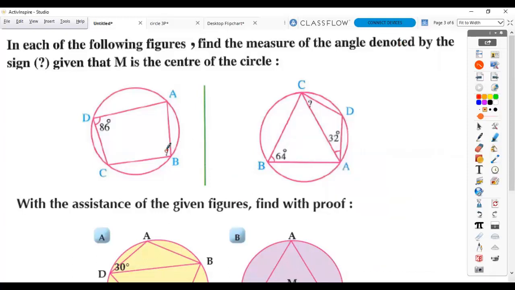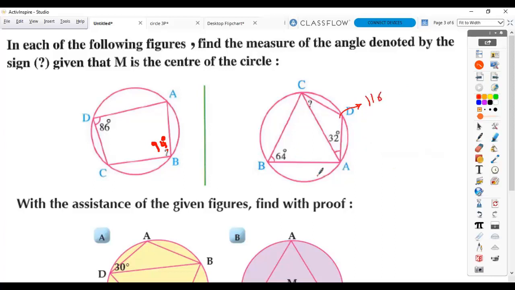So the measure of this one is 94 degrees. And here, what we can find is 64. So the opposite to it is 180 minus 64.